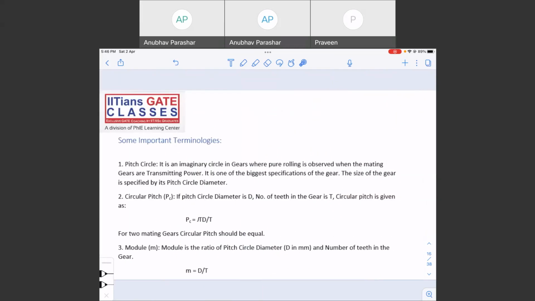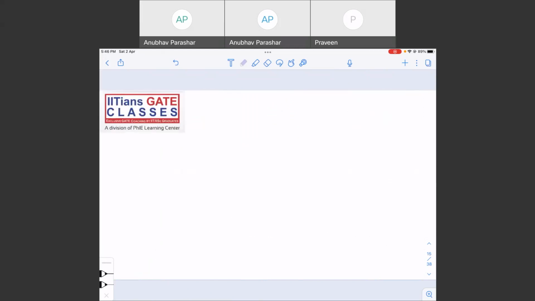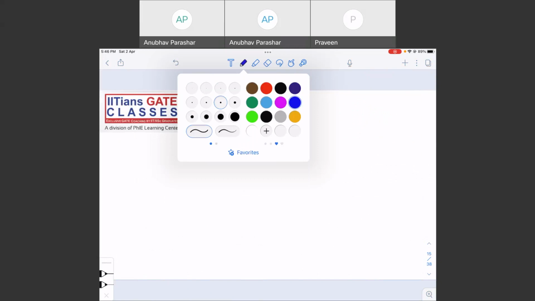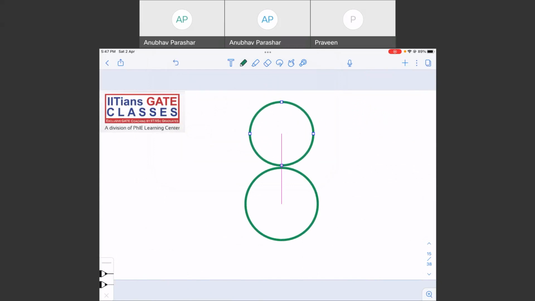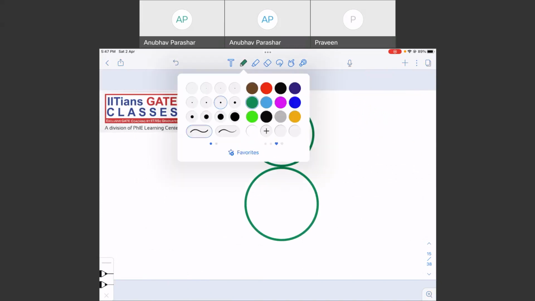Now some important points to take care, and before that I'll just show you something. Suppose two gears are meshing with each other. Where pure rolling takes place is the pitch circle.